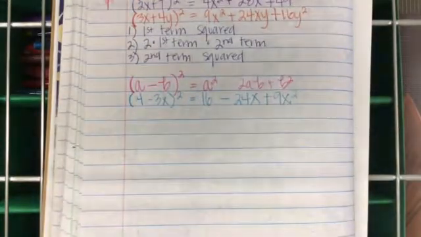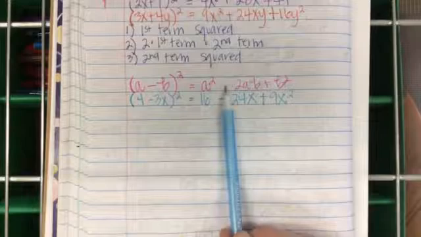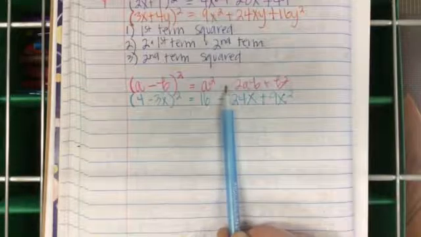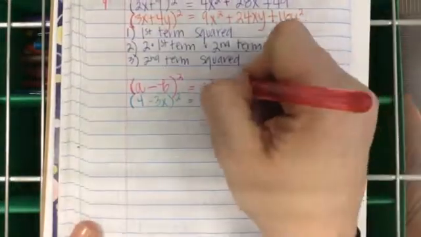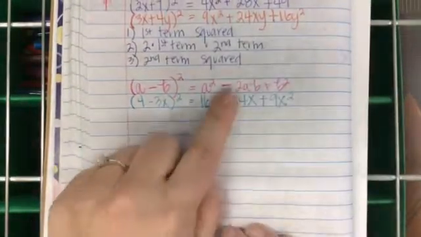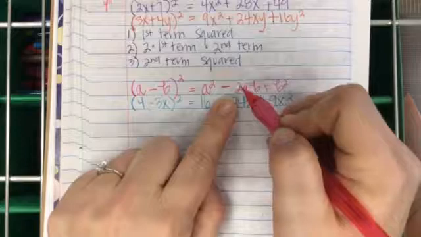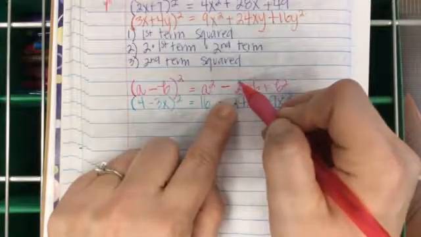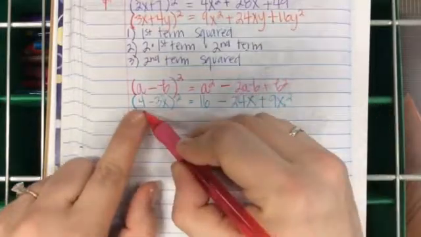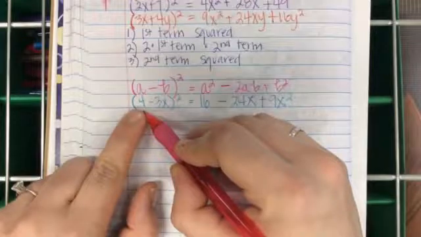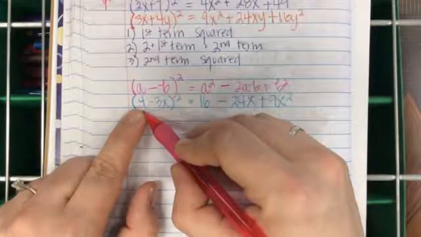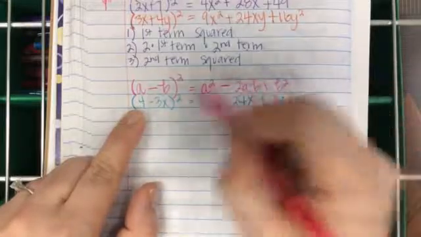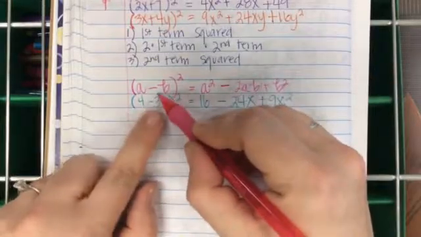Now here's why I didn't put that sign in here. Everybody watch. Are you ready? If you would have put a minus here, that means that you would have done negative 2 times a, which is 4. So negative 2 times 4 is negative 8, times b, which is negative 3x.